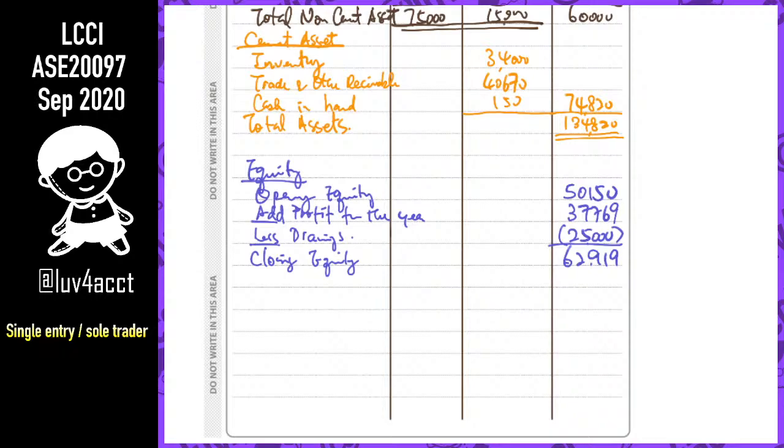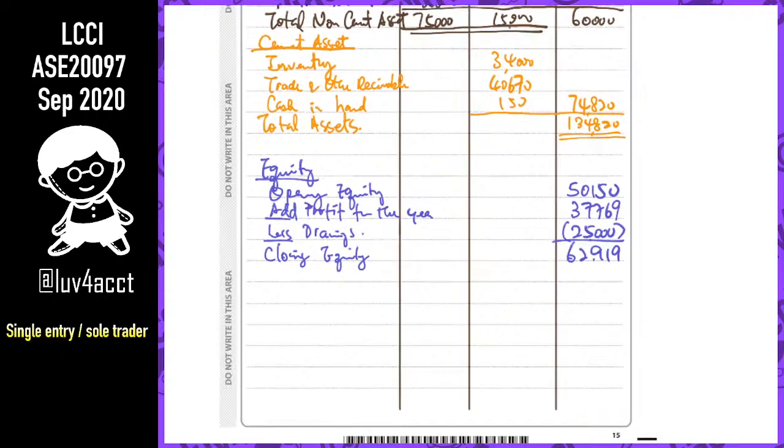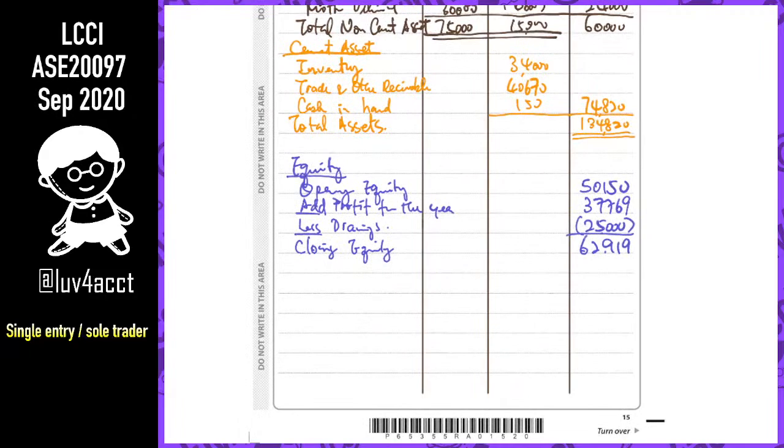Next part will be our non-current liability, because it is paid in 5 years' time, a 5-year bank loan. So 6% loan, and it is 50,000. And then we have current liability.